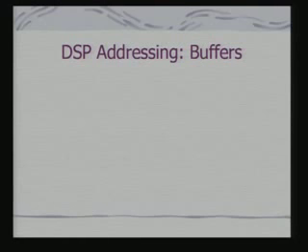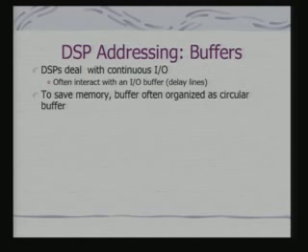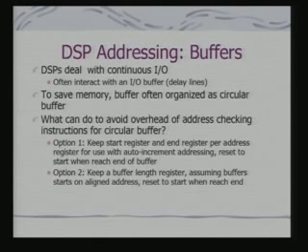To access this data in a sequence, these addressing modes are really useful. You also have buffers. When you are doing continuous IO, you would like to save the data samples in the buffer, and there has to be logic implemented to avoid the overhead of address checking instructions for a circular buffer.